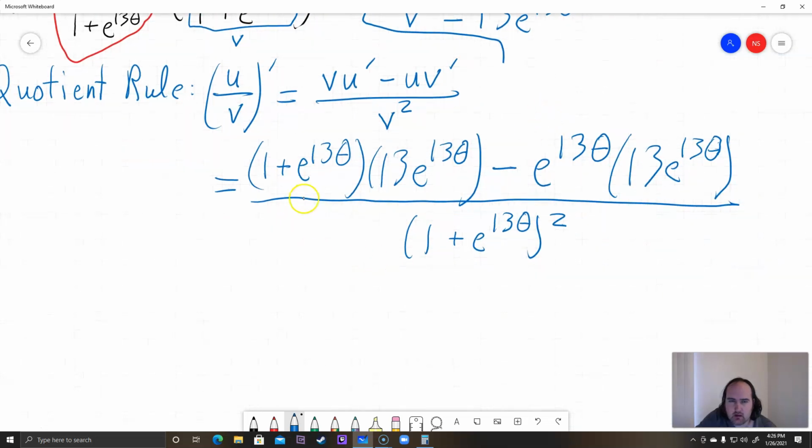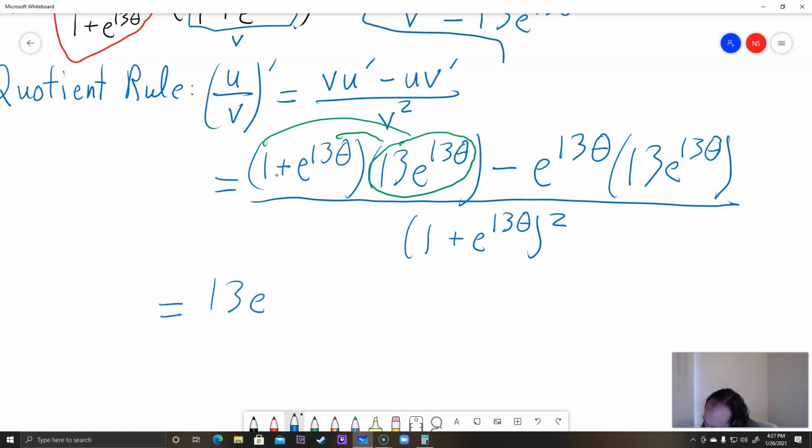So to simplify it, we can go ahead and distribute this 13 e to the 13th theta to each of those terms. Okay, so that's going to give us 13 e to the 13th theta plus 13 e to the, well, remember if you're multiplying exponentials with the same base, you add the exponents.